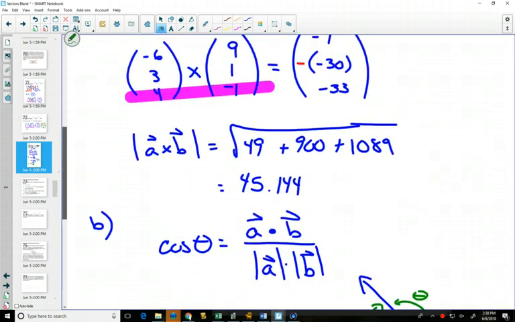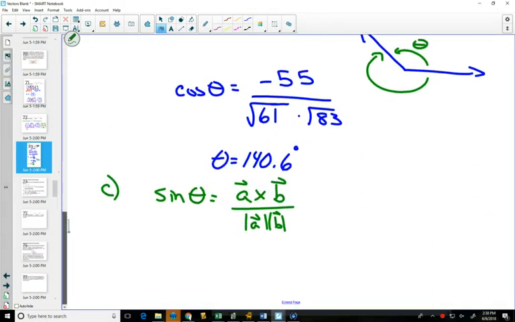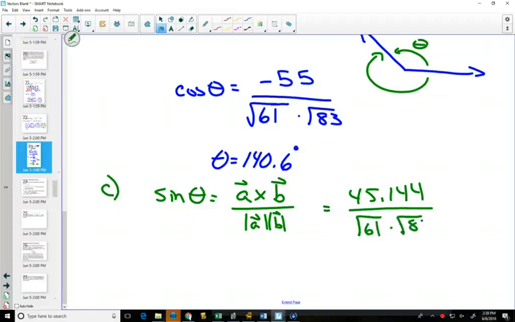We figured that out to be 45.144 divided by square root of 61 times square root of 83.